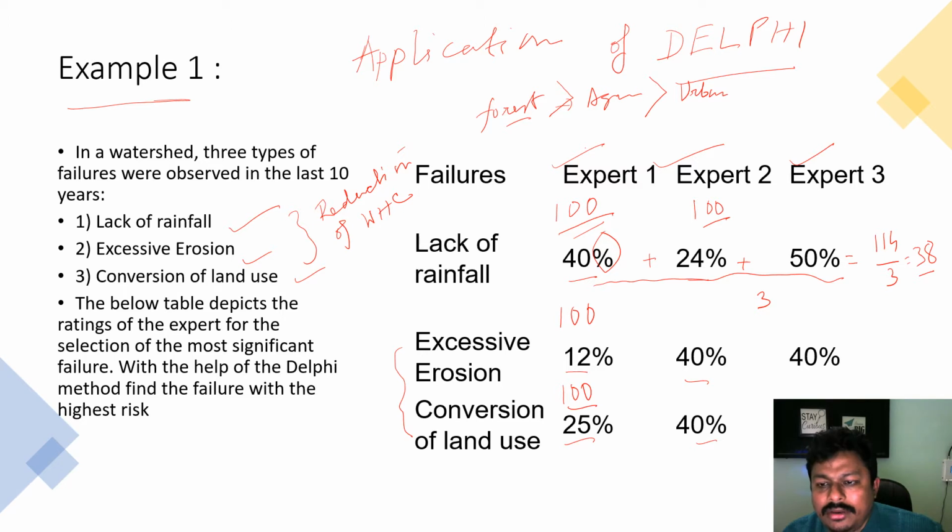Again you average this: 40, 80, 92. So it is 92 out of 3. As there are 3 experts, I am dividing it by 3. If there are n number of experts, you divide by n. So how much is it becoming?